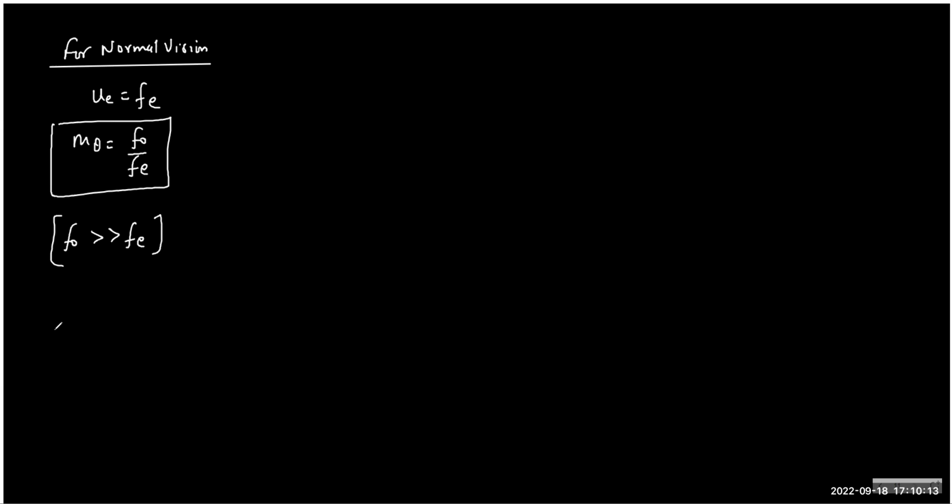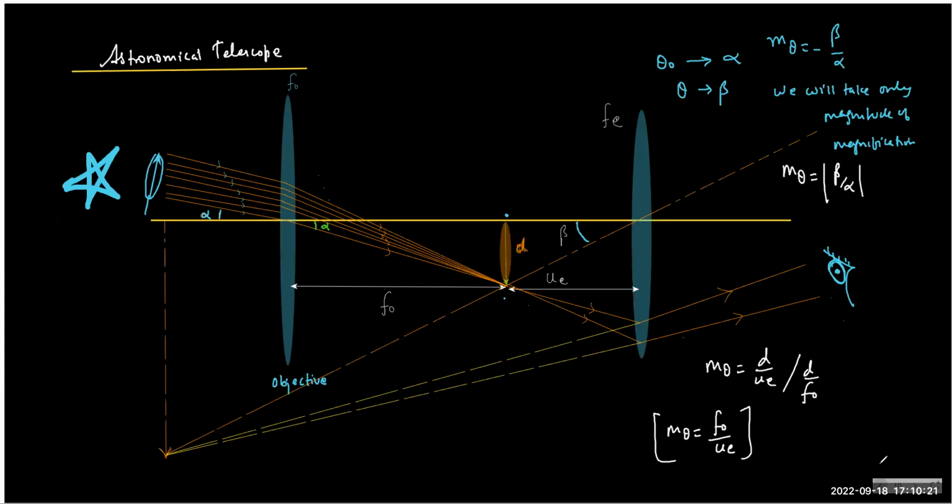But the question is, what is the length of the tube? For normal vision, how big a length of tube is required? FO plus UE. I hope you remember the length definition. Once again, I'll put it here.